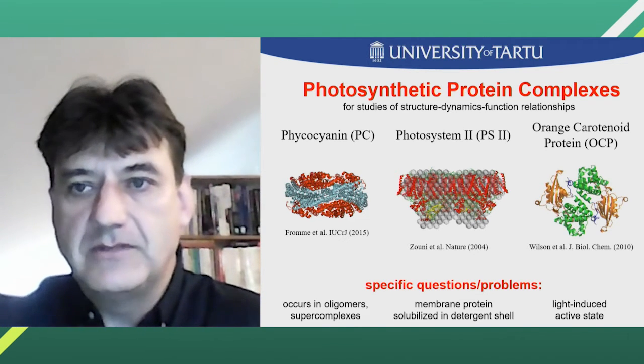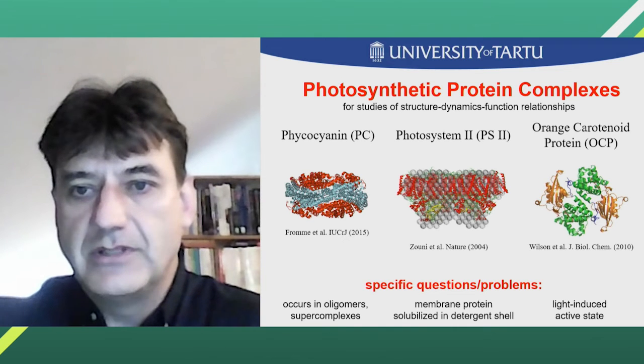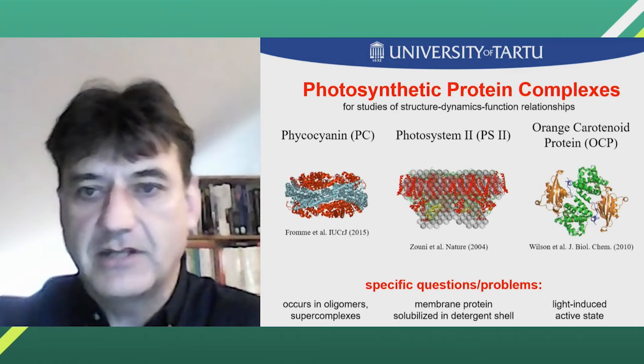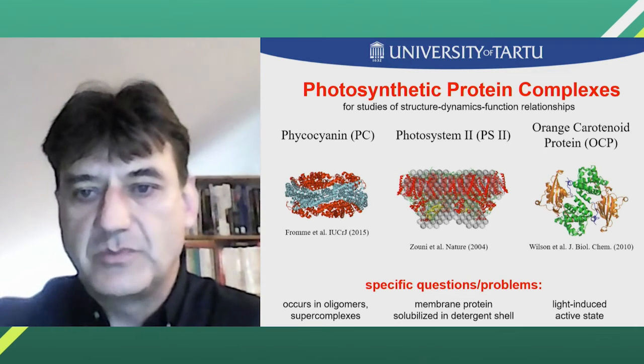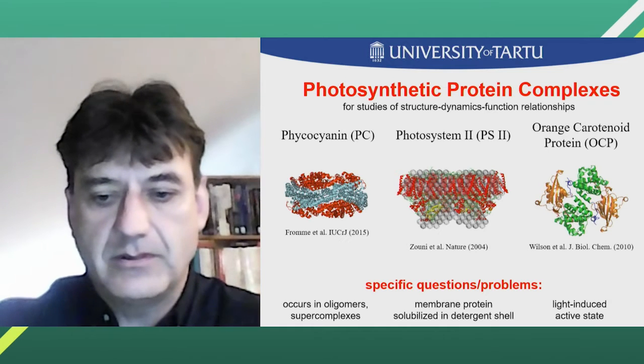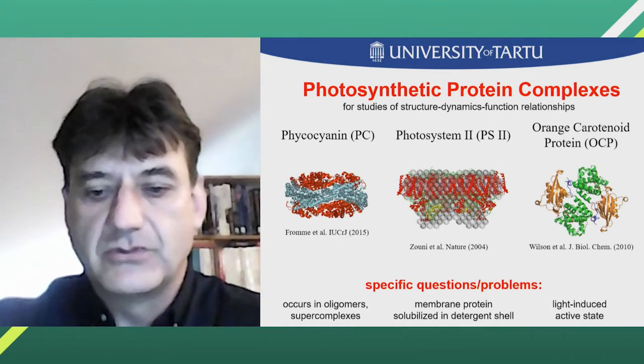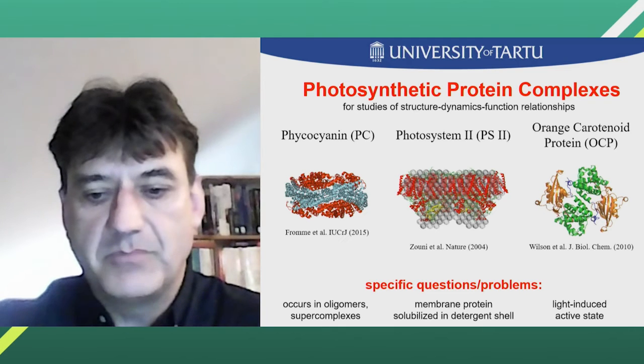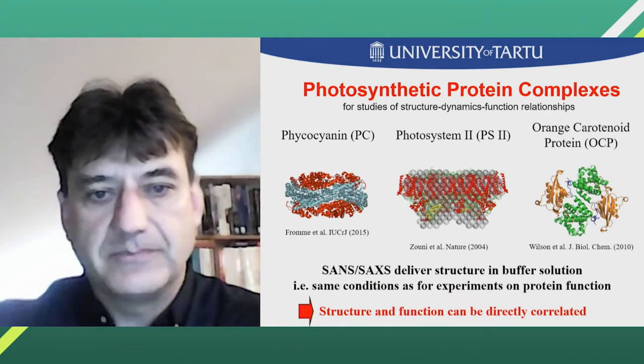And finally, the orange carotenoid protein is very interesting because the crystallized structure applies to the dark inactive state, while the active state has to be induced by light. It's not crystallized at all, so that low resolution methods are very powerful in this case.